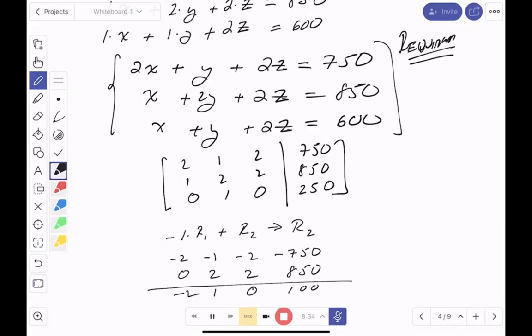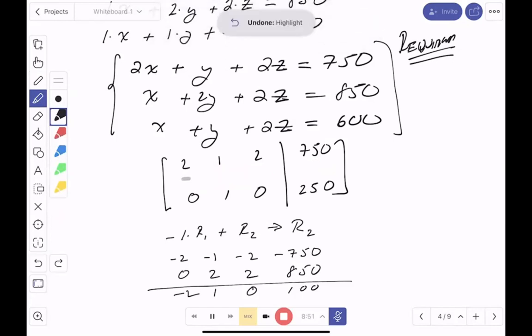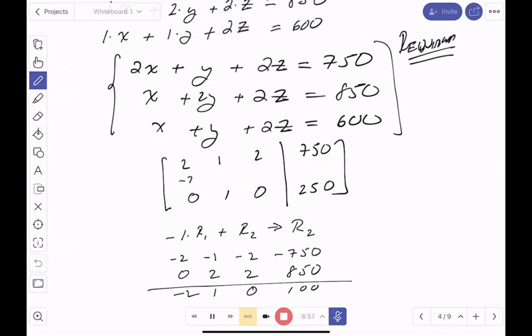Now I want to erase row 2 and put it in. It's minus 2, 1, 0, 100.